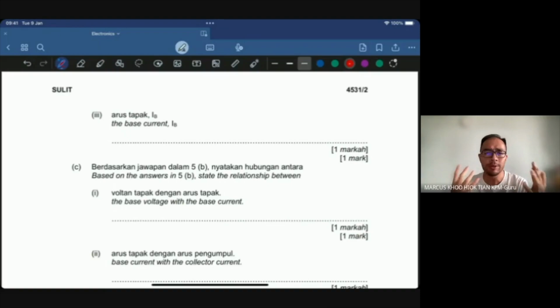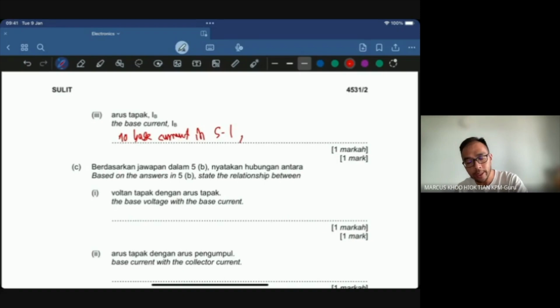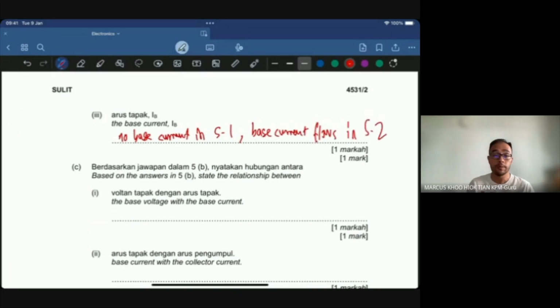So you use the same thing as the bulb just now. No base current in 5.1. Base current flows in 5.2. Slightly different compare method.